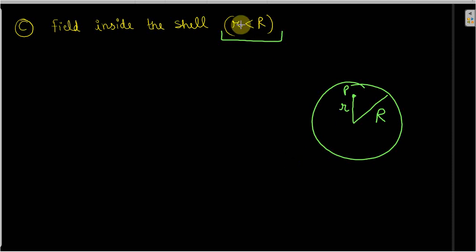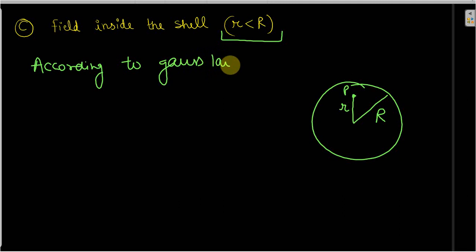So you can write r is less than R. Now according to Gauss law or Gauss theorem, you can write the electric field E dot ds equal to Q by epsilon naught.